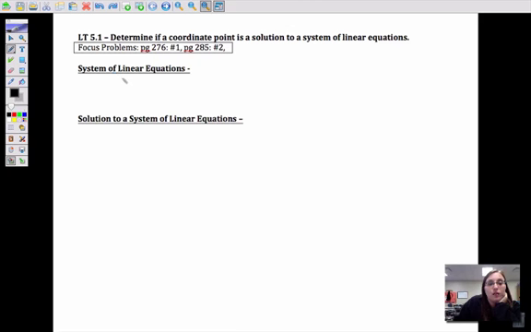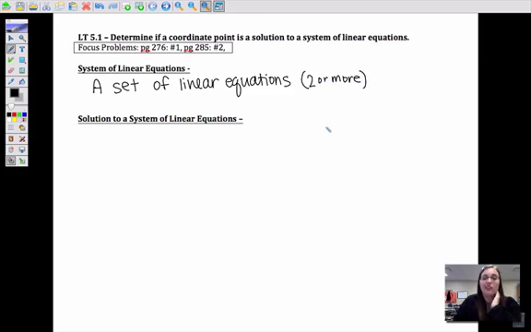So what we're going to use for the definition of that is a set of linear equations, so two or more. Generally, in this class, we're going to look at two at a time, but in general, a system of linear equations could be more than that.